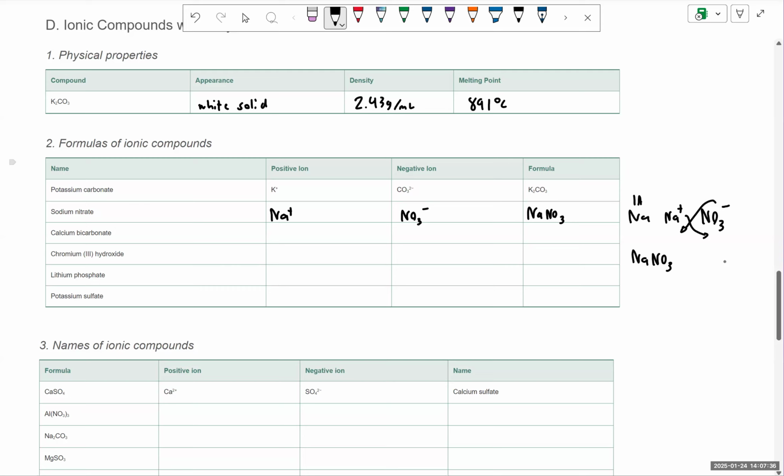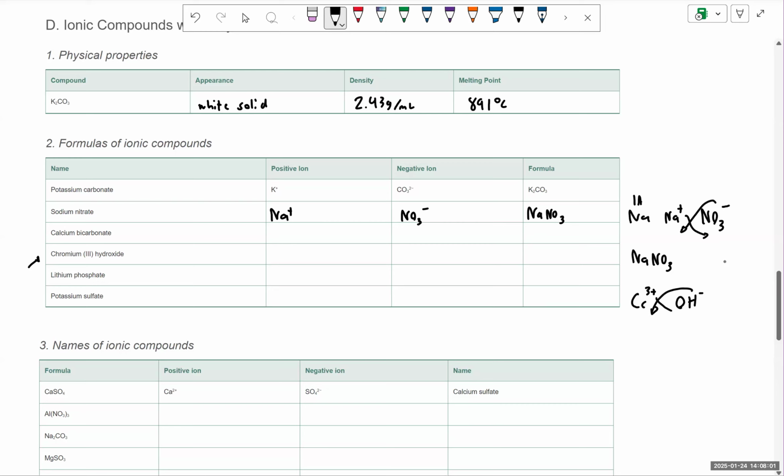Now, there may be cases in which you have a variable amount of the polyatomic ion. For example, looking at chromium 3 hydroxide, we see the Roman numeral 3. That tells us chromium has a 3+ charge. Hydroxide is OH minus.